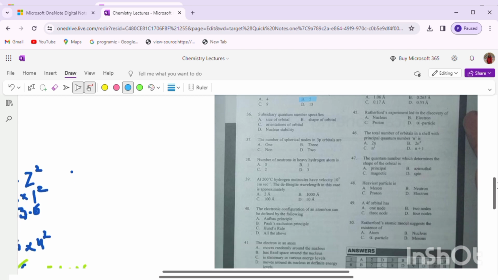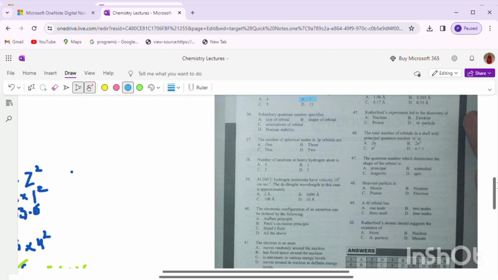What are they asking us about? Subsidiary quantum number specifies. Now, the subsidiary quantum number is the name for the azimuthal quantum number, and another name for it is the angular momentum quantum number. So they all are the same.